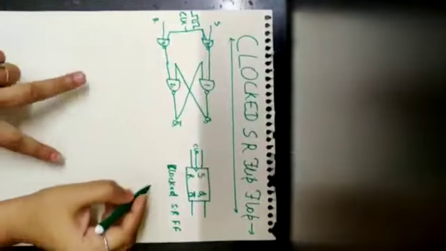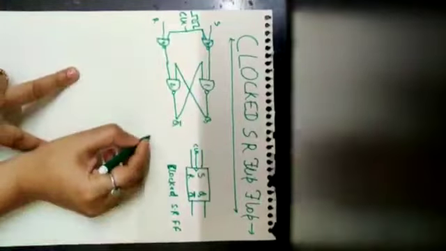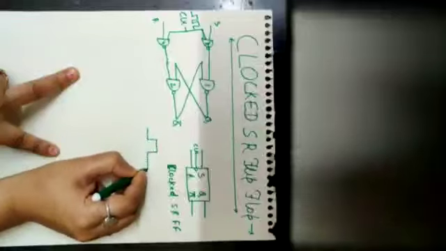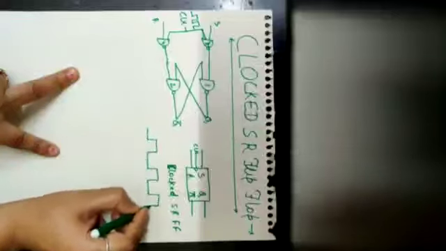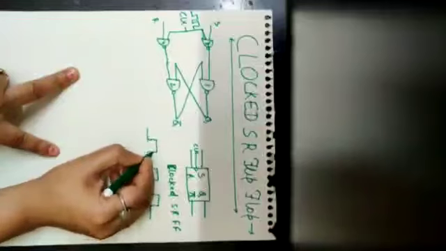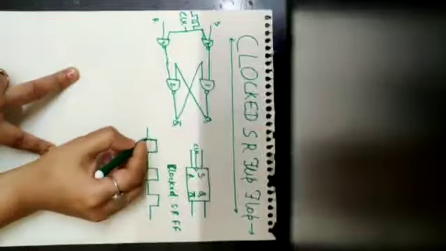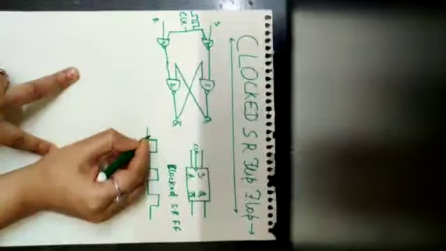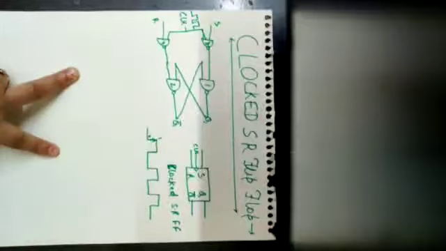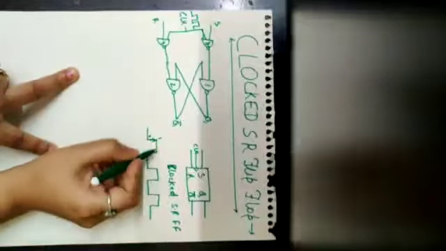Okay, first I will draw this rectangular pulse that we are giving. As we have seen, there are two edges. When the transition goes from low 0 to 1, this is called the positive edge of the clock pulse.